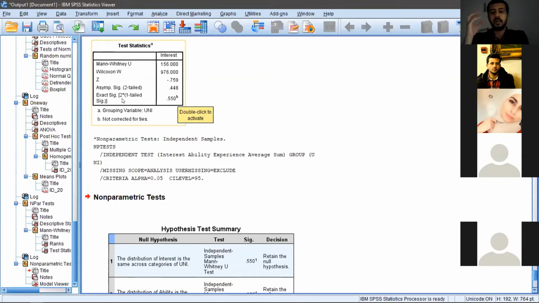Why? Because it's trying to increase the power. How to increase the power? I assume first that it is a one-tailed test, and I compare from this side. Then I assume it is a one-tailed test from this side, and then I take the significance of both of them.